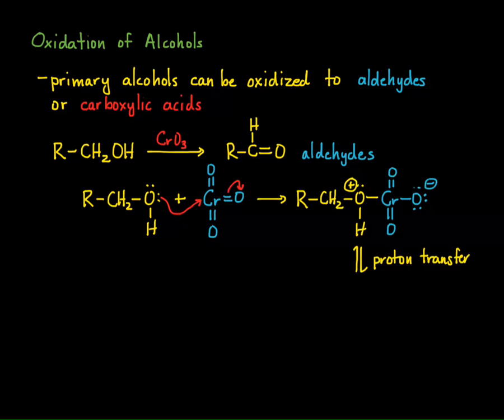However, the next step is a simple proton transfer. These types of reactions are usually run in pyridine, and pyridine is a weak base. So we can use pyridine to deprotonate the alkyl oxonium ion, generating a pyridinium ion, and then the pyridinium ion can protonate the chromate, the oxygen with the negative charge on it, and the result is a neutral compound that looks like this.